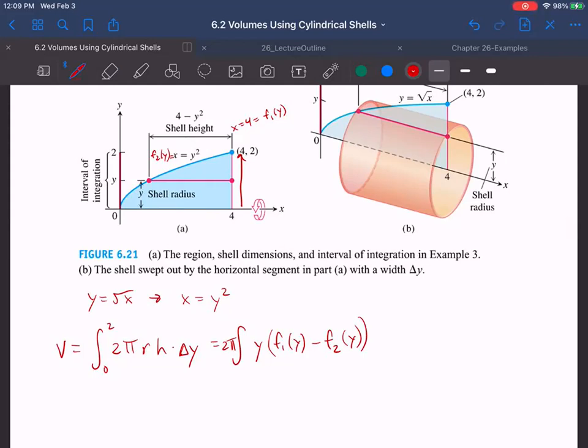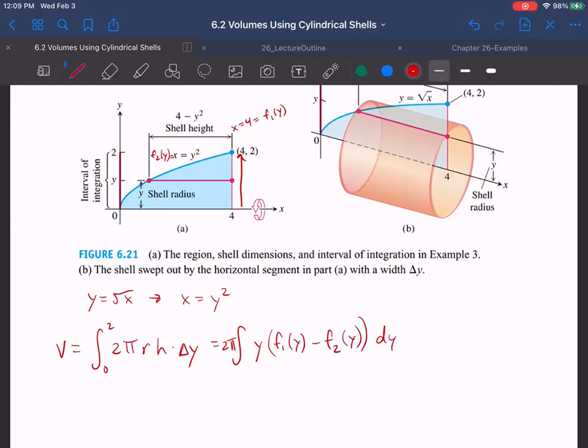All right, so that's where I was. That was R, that's H, and then dy is our thickness. Okay, there we go.